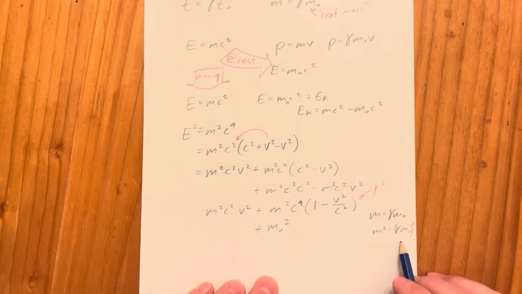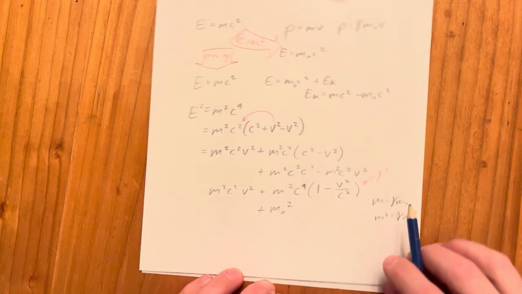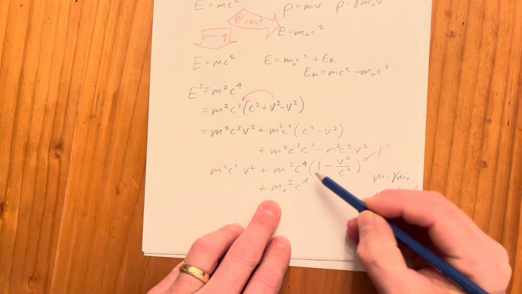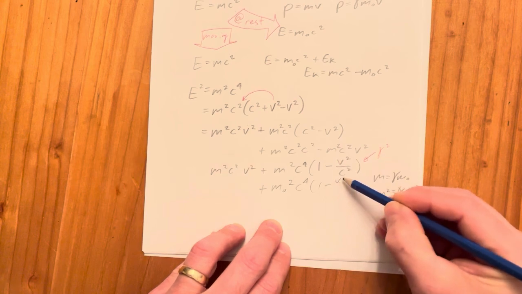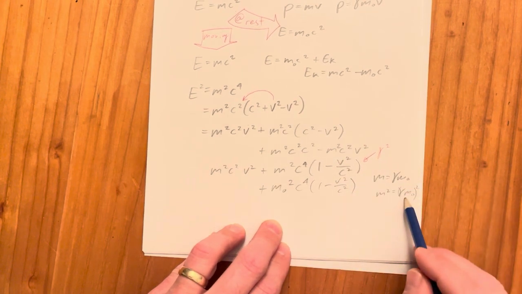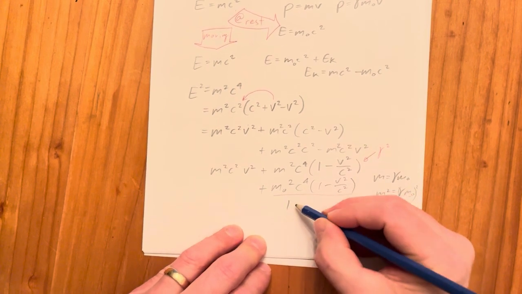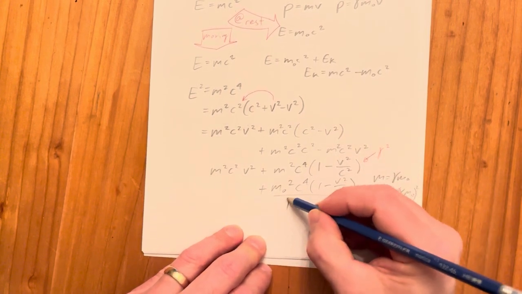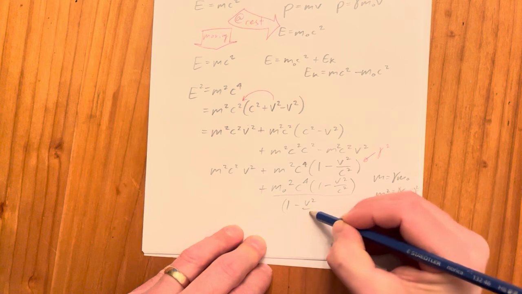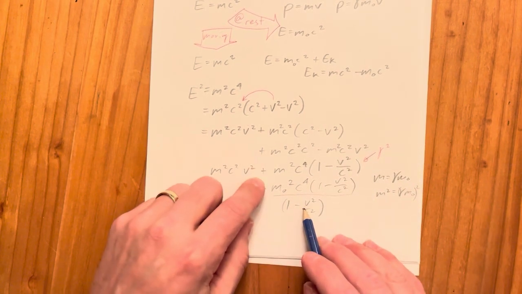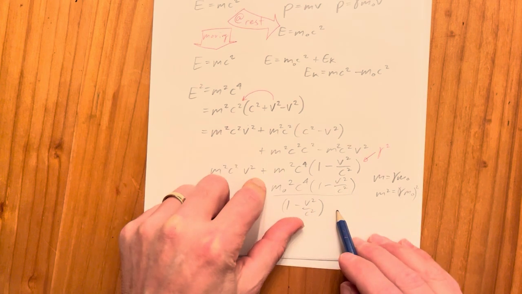So just kind of put that in the margin, and then this becomes m naught squared c to the fourth. And of course, gamma squared is just this, right? But it's 1 over that. So 1 over this is gamma squared, and this would be gamma squared down here.